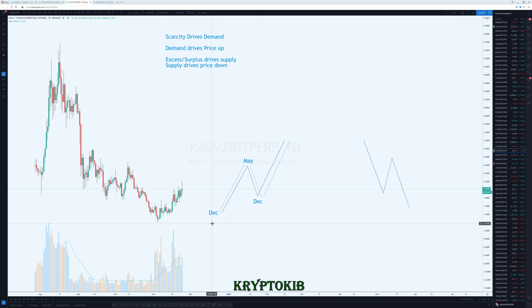So seeing this structure, the low, the high, the higher low, the higher high, what do we expect when it gets back to May? When May comes again, what do we expect? We expect maybe a sideways move, then we expect the price to start decreasing again. Now, support and resistance traders, we believe this point is where the price will reach before going back up.